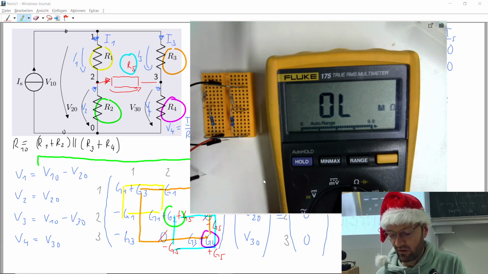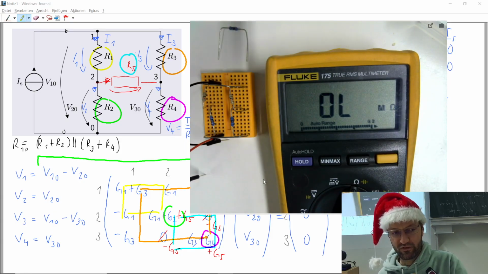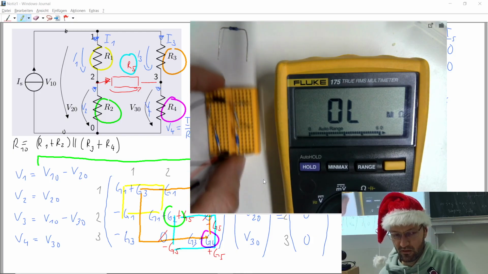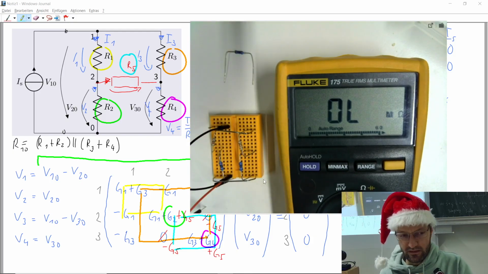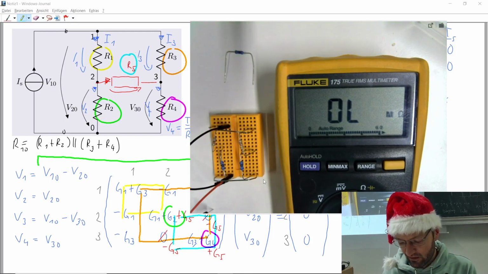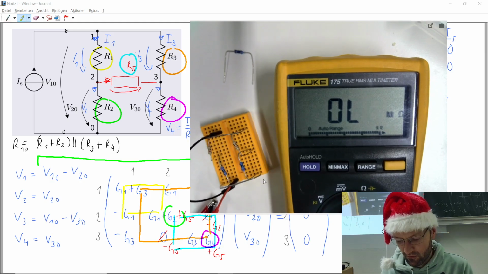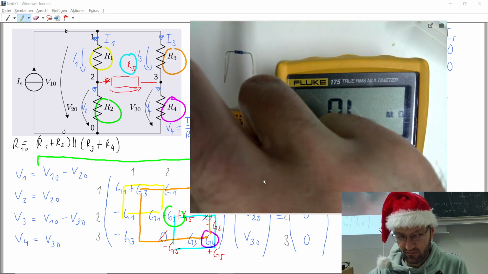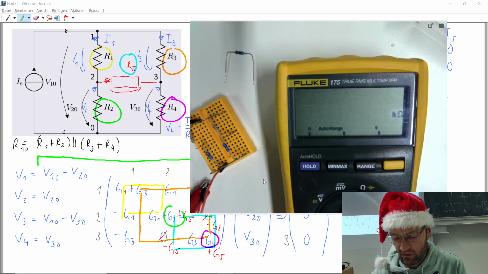Okay, so I will put the 3 kilo ohm resistor here at the top, and at first connect back the measuring cables.